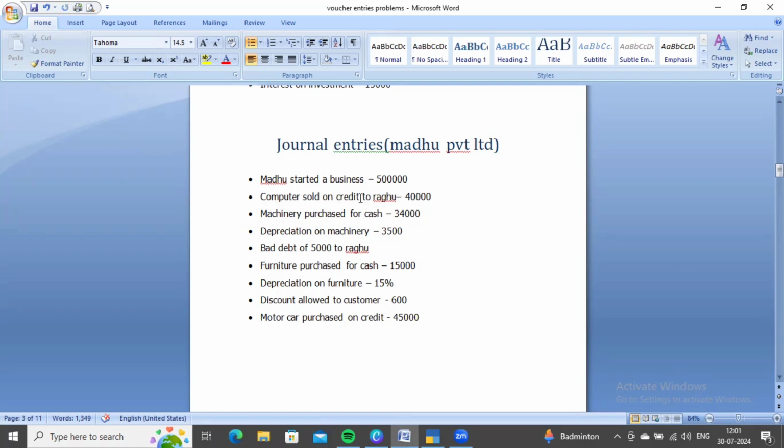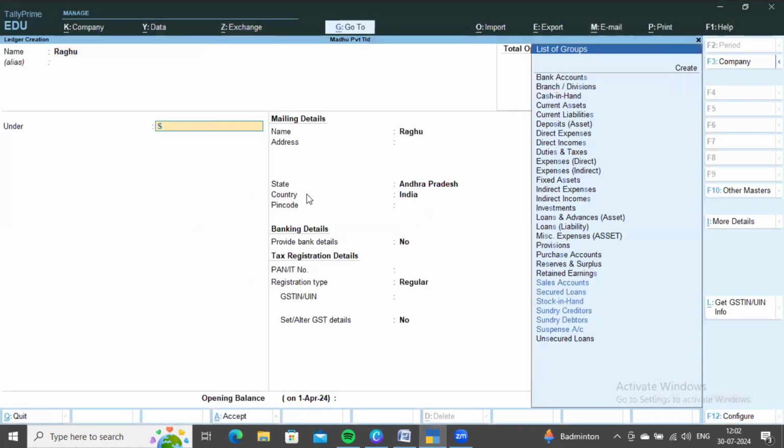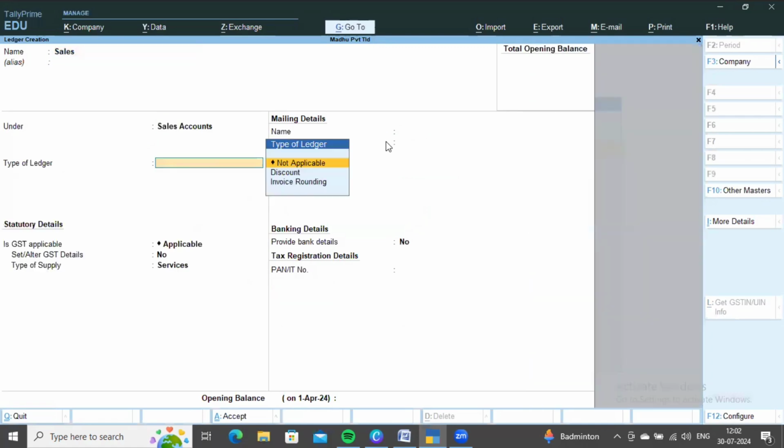We need to prepare two ledger accounts, Raghu account and sales account. Raghu is a sundry debtor, as he is the person to whom we sold the goods. And sales comes under sales account.